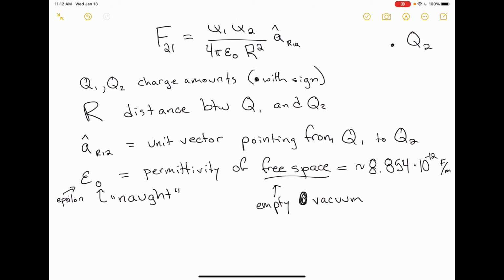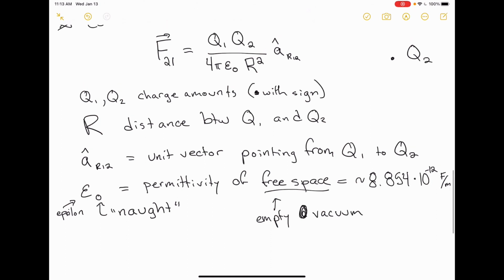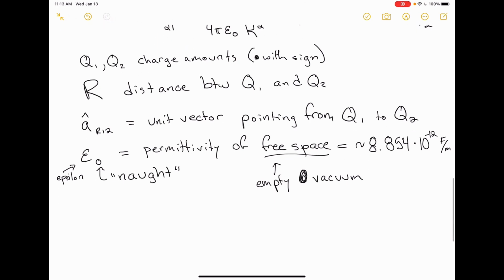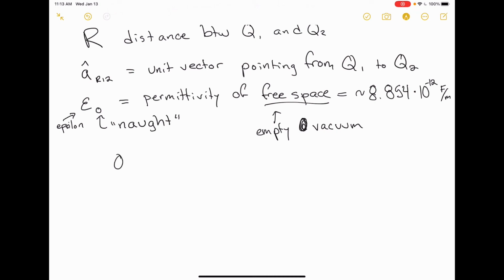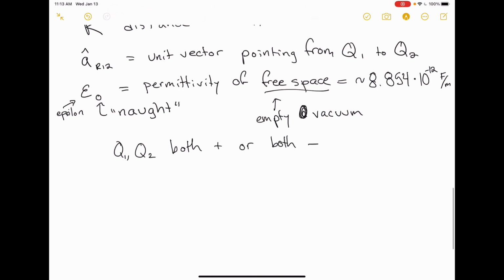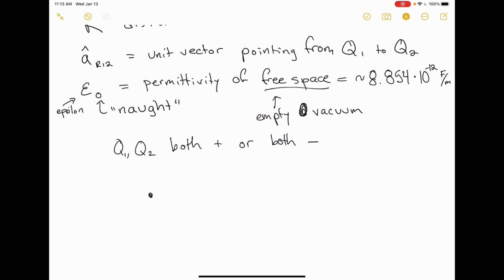So we've broken down all the parts of this equation. Let's draw some diagrams to show you how these things play out. Now, if Q1 and Q2 are both positive or both negative, the situation is going to look like this. Here's Q1, here's Q2.